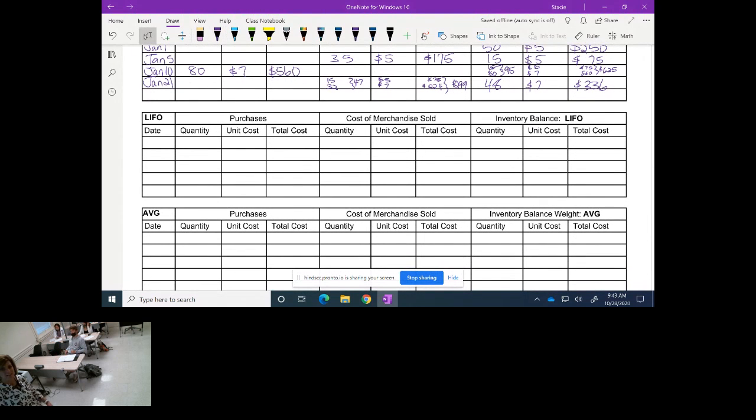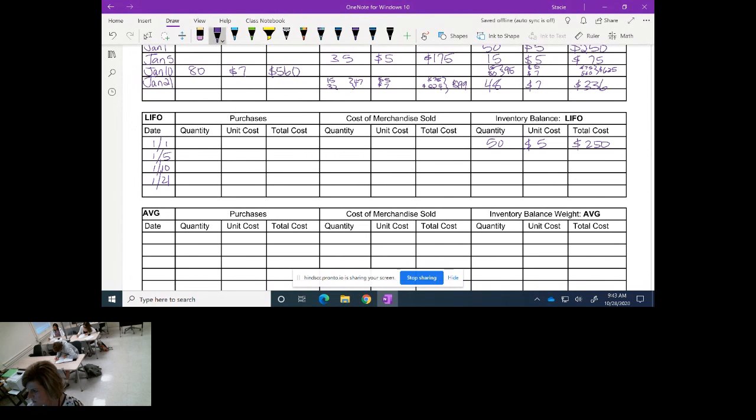Now we're going to use last in, first out. So we've got January 1, January 5, January 10, January 21. We're starting out with the same thing: 50 units at $5 for $250.